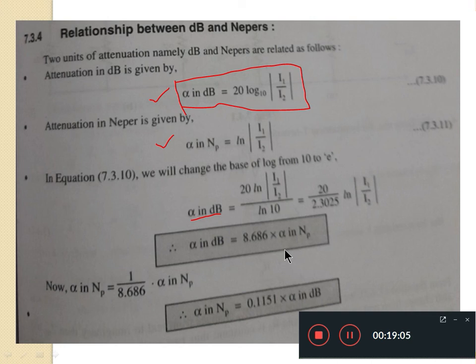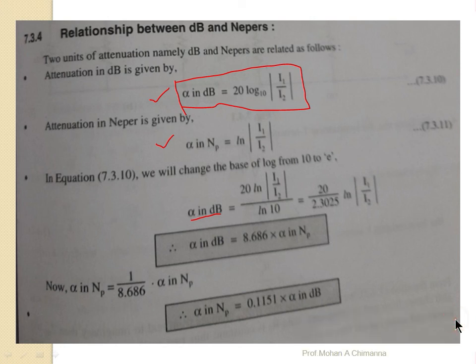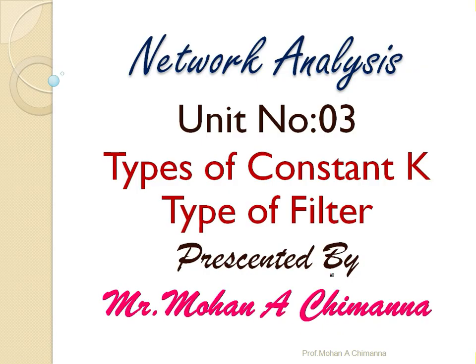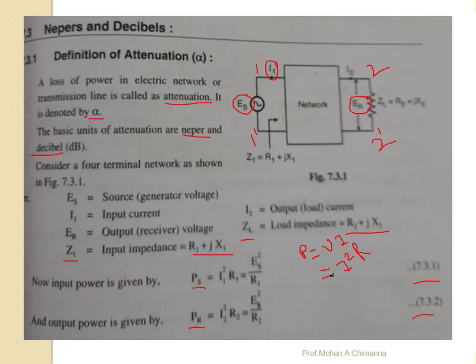Now let us summarize these units. There is a relationship between the decibel and the Neper unit. From this video we learned about this relationship. The attenuation alpha is represented in the decibel unit.